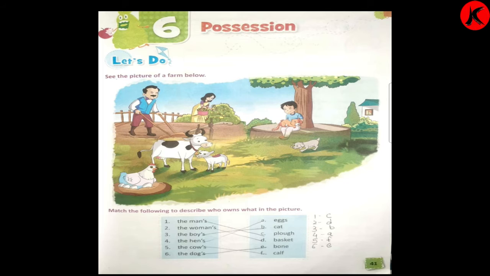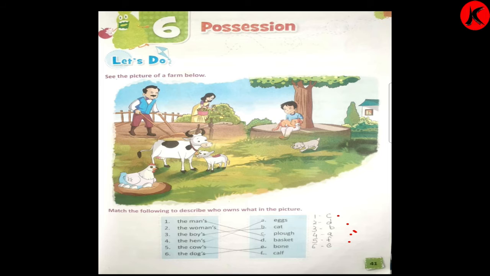First is what? The man's plow. So first C, then the woman's basket. So 2D, the boy's cat. So 3B, the hen's egg. So 4A, the cow's calf. So fifth F, and the sixth one is what? The dog's bone.